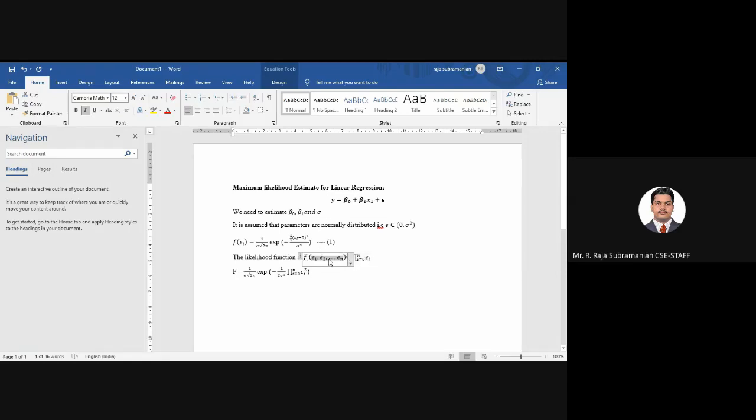So if they are independent, the whole value can be calculated by just multiplying all the error terms: error 1 times error 2 times dot dot dot error n. Multiply all the error terms. So I take pi of sigma i. I need to take the product.